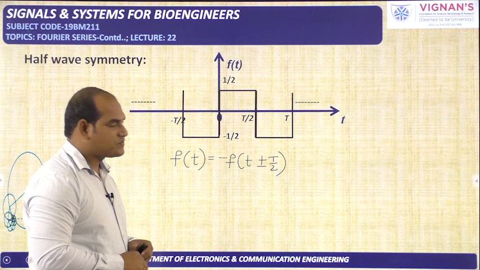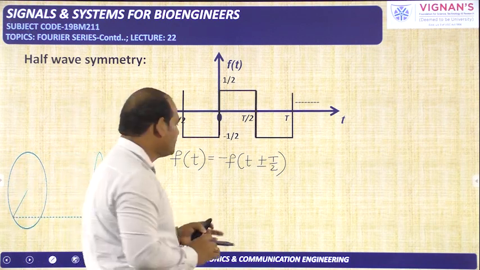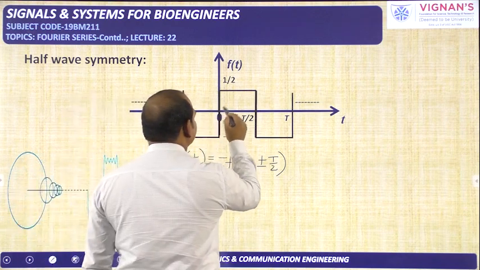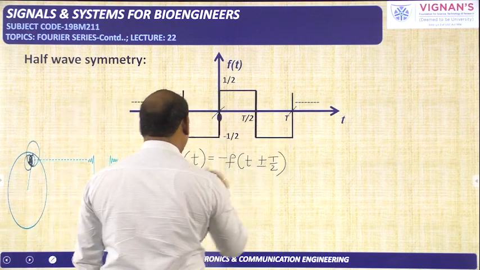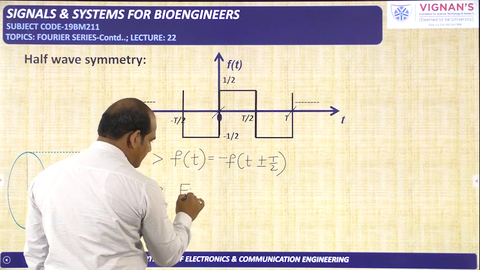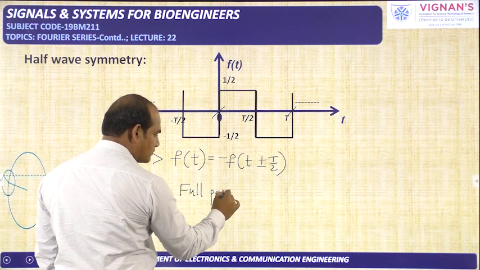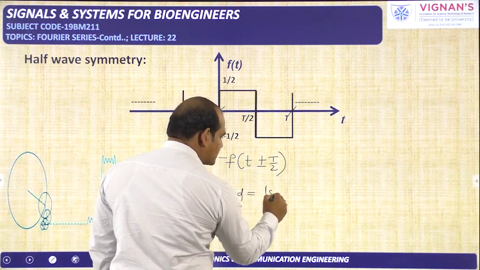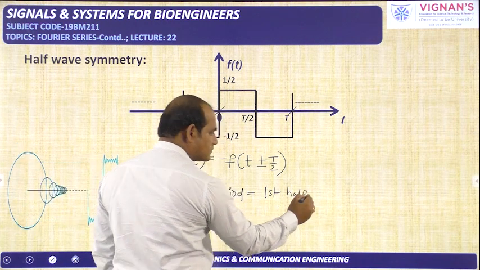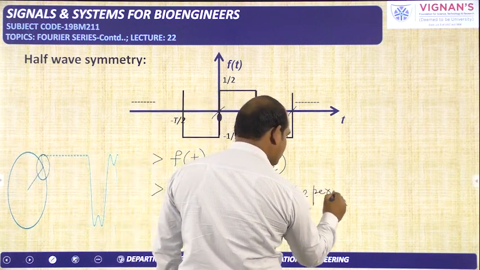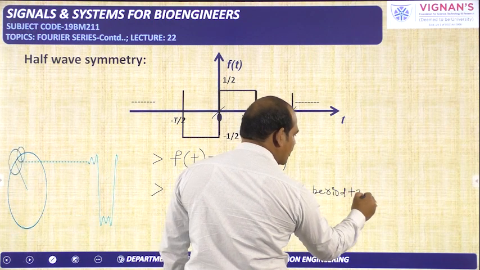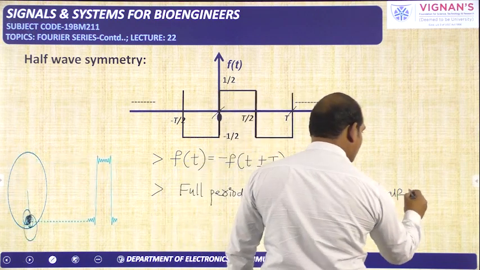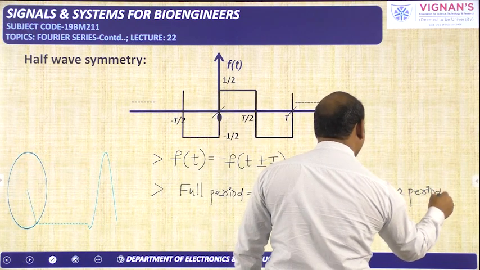After performing this, if it is again equal to the original signal, then we can tell that is half wave symmetry. Instead of doing all these things, one simple technique I will tell: identify the full time period, from here to here. This time period is equal to first half period plus second half period.